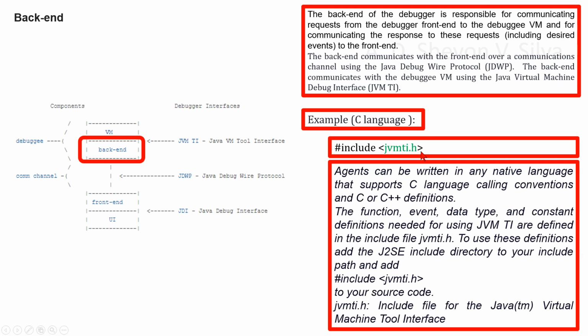The function, event, data type, and constant definitions needed for using JVM TI are defined in the include file jvmti.h. To use these definitions, add the j2sdk include directory to your include path and add #include jvmti.h to your source code. Here is the jvmti.h include file for the Java Virtual Machine Tool Interface.